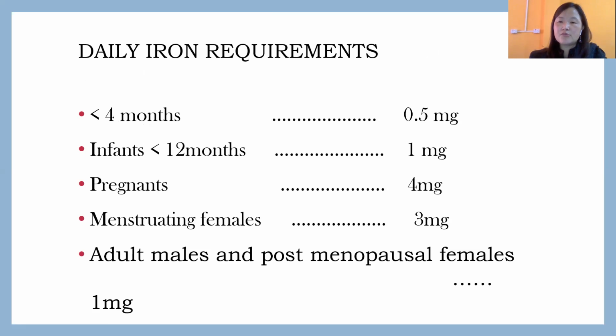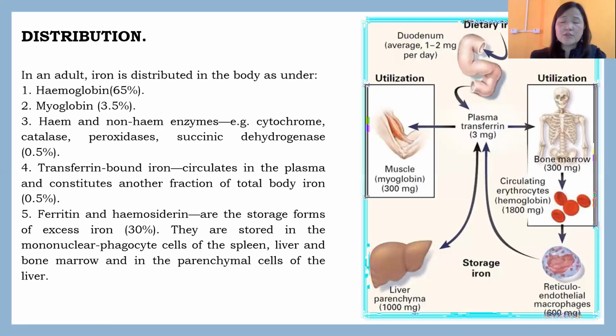Similarly, an infant requires 1 mg, pregnant women 4 mg, menstruating females 3 mg, and adult males and postmenopausal women 1 mg. So these are the daily requirements of iron, and it has to be taken in the daily diet.